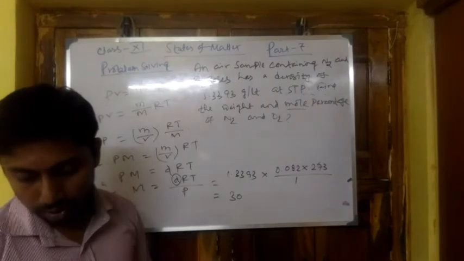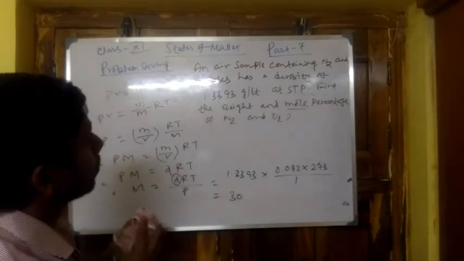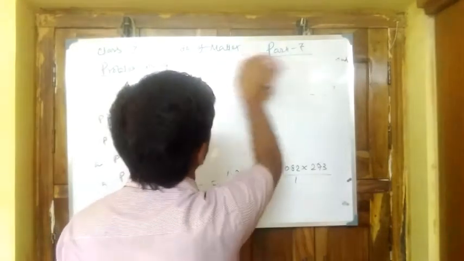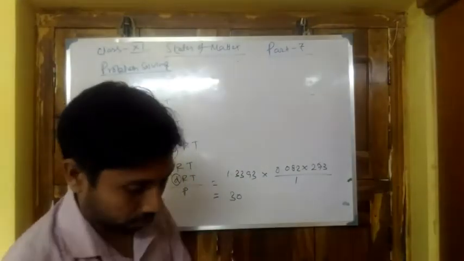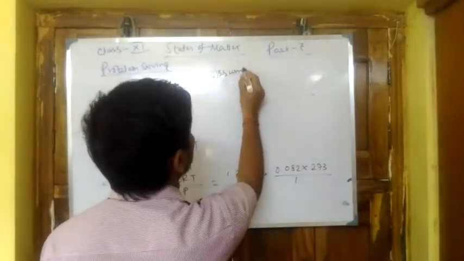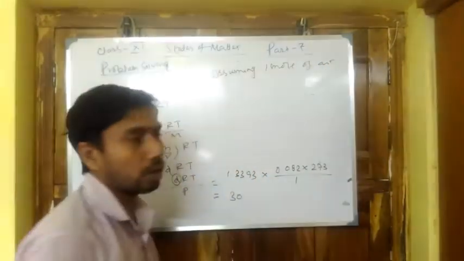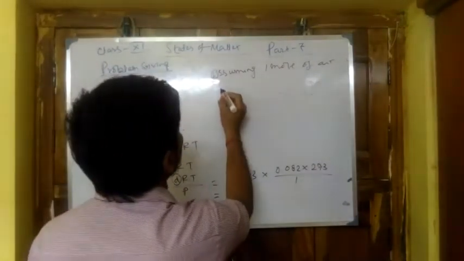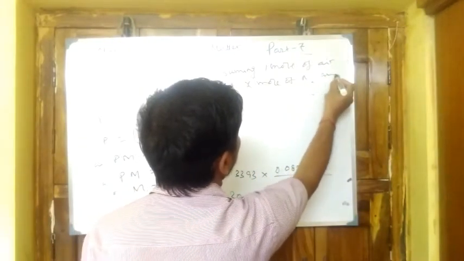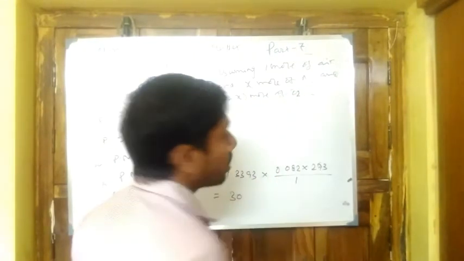Next, we have to assume 1 mole of air, and x mole of nitrogen and 1 minus x mole of oxygen in the mixture.